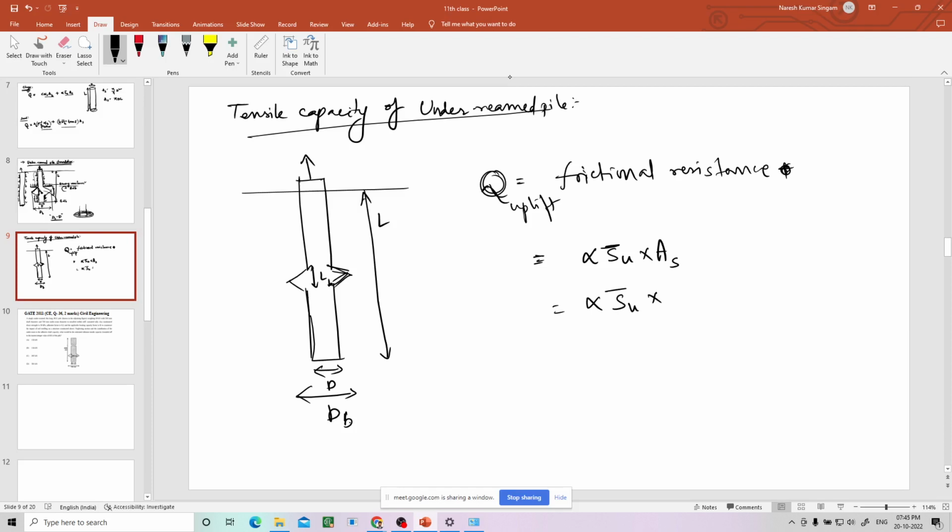SU bar into pi d into, can you tell me? Pi d into L minus LB.